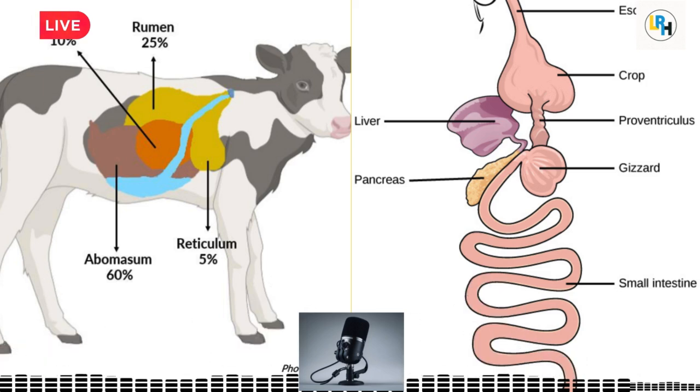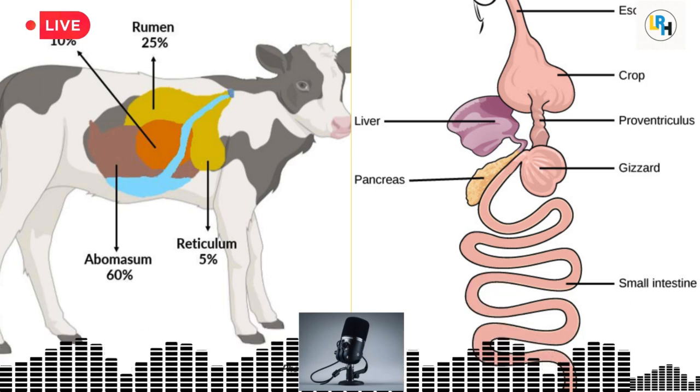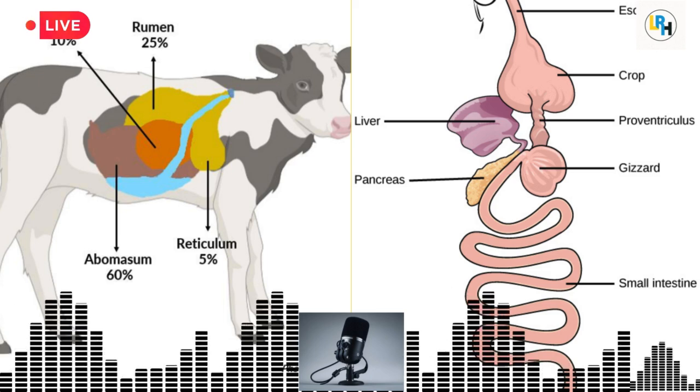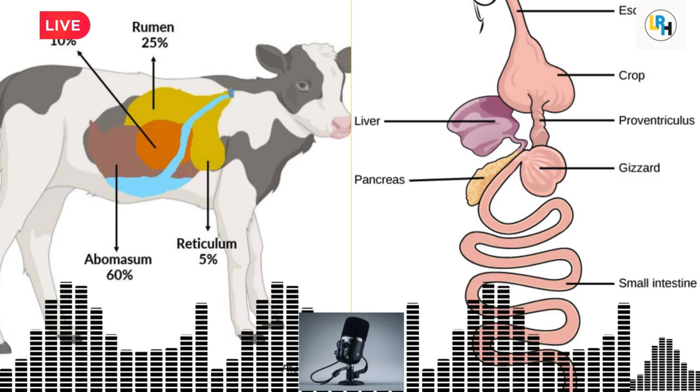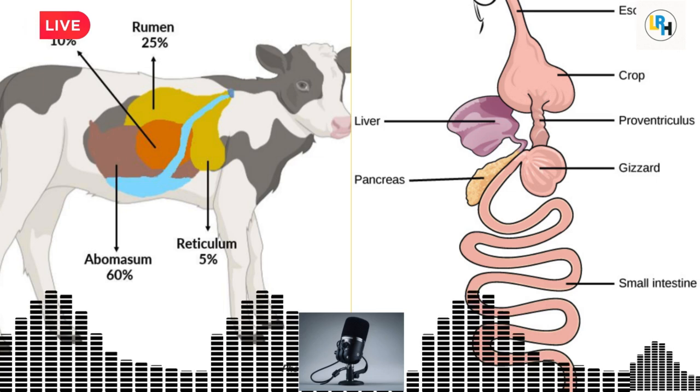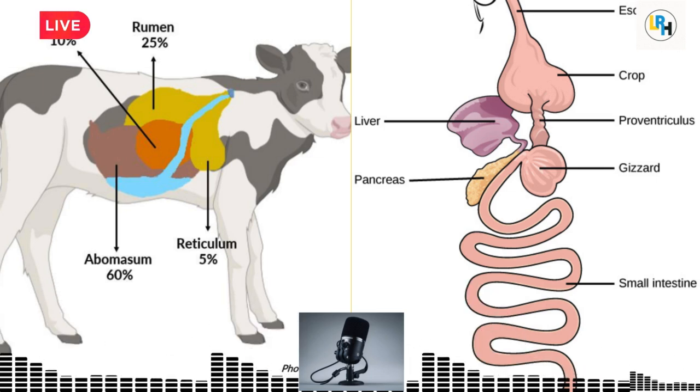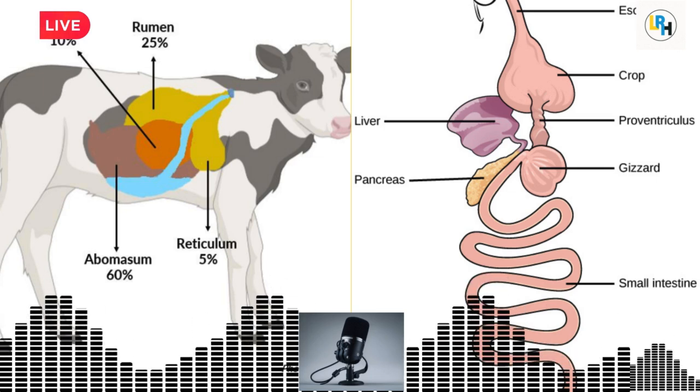Monogastric animals. Unlike ruminants that have complex stomachs, monogastric animals have a simple, single-chambered stomach, similar to that of humans. They are omnivores or carnivores that eat a wide variety of food.